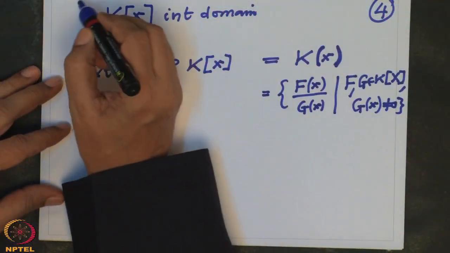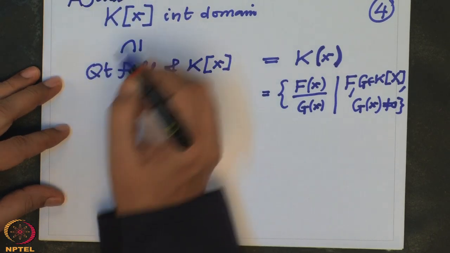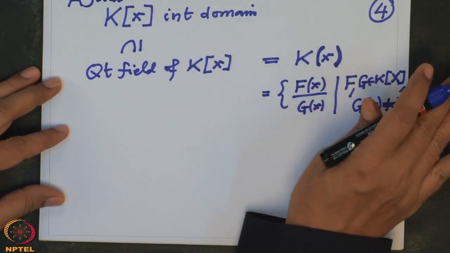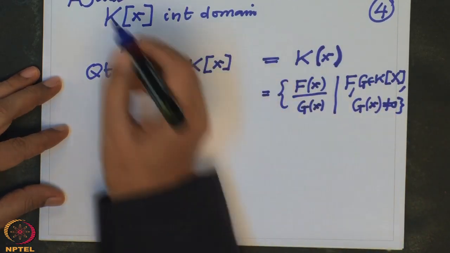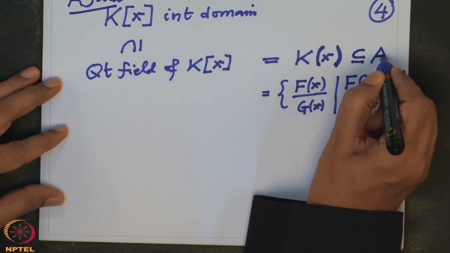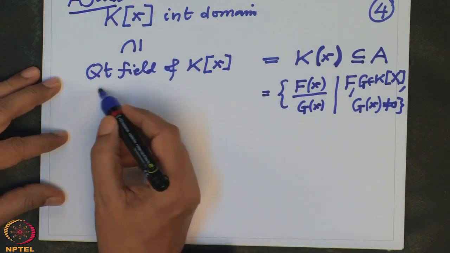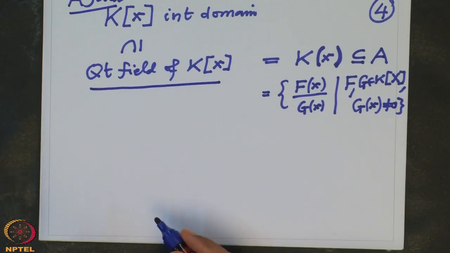If A were a field, so we are assuming here now that A is a field, or not necessarily a field, but then this may not be contained in K. Definitely this makes sense, but it may not be contained in K. In case when A is a field, actually this is the smallest subfield of A which this integral domain is contained in. So, I hope you have seen the general construction of a quotient field from an integral domain.